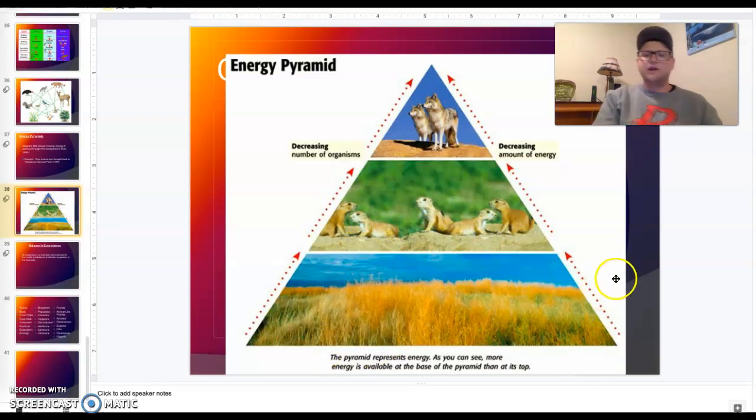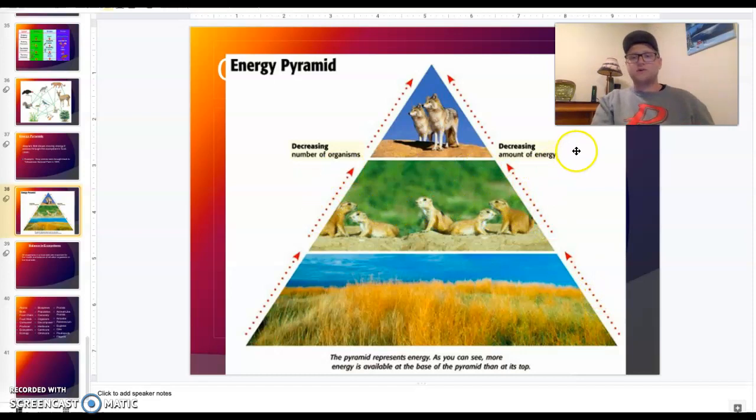Let's say that you get rid of this bottom half, you get rid of what prairie dogs eat. What do you think is going to happen to the prairie dogs? Well, the prairie dogs aren't going to have anything to eat either. You're going to have a big die off. The populations are going to go down, right? You can't sustain prairie dogs without these grasses. So if your grasses are dying, maybe they don't have enough moisture, you can't sustain the prairie dogs.